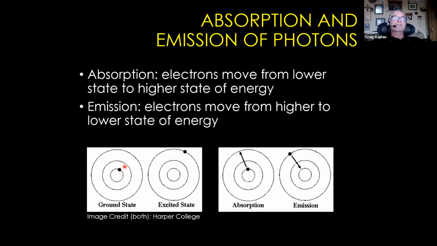So if you looked at a spectrum of light passing through a gas of these elements, you'd see a complete spectrum except for the two wavelengths that are absorbed by these atoms. So again, absorption and emission.